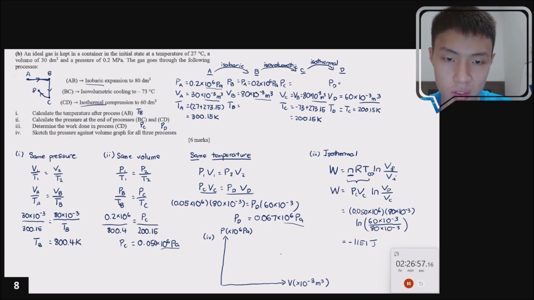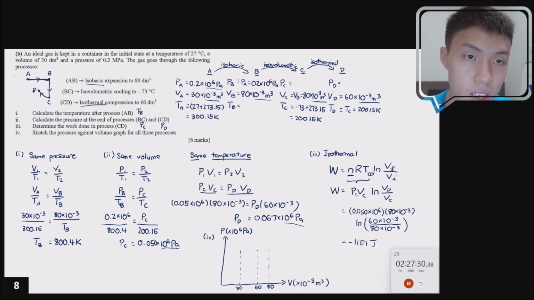Okay, so let's try to sketch everything nicely. Your volume initial is 30. Then after that, you go to 80. Let's label down everything. We put the values in the axis first. 30 is over here, 60 will be over here, 80 will be somewhere around here.